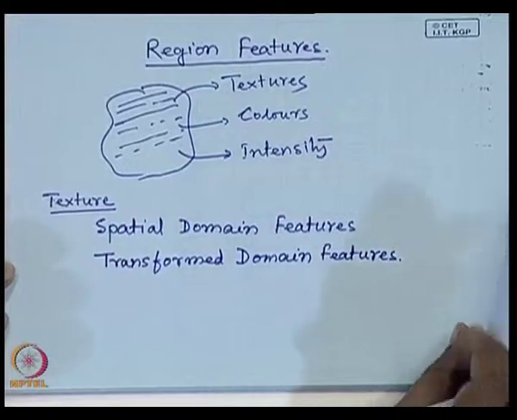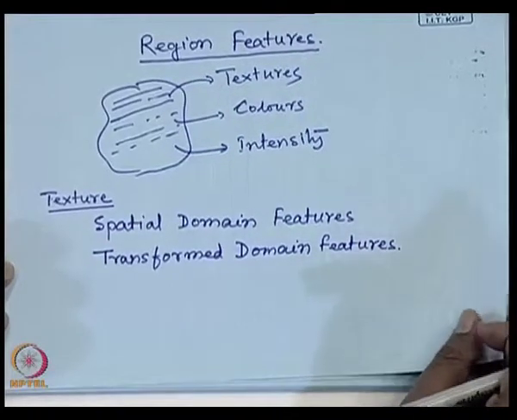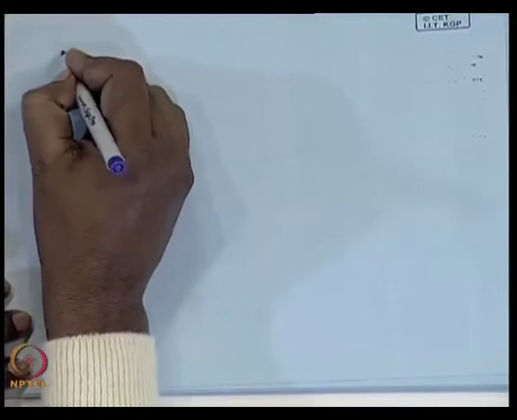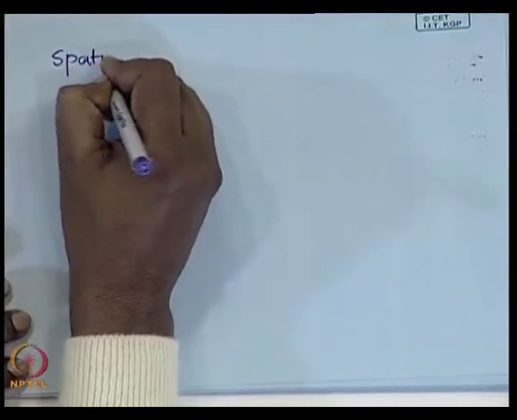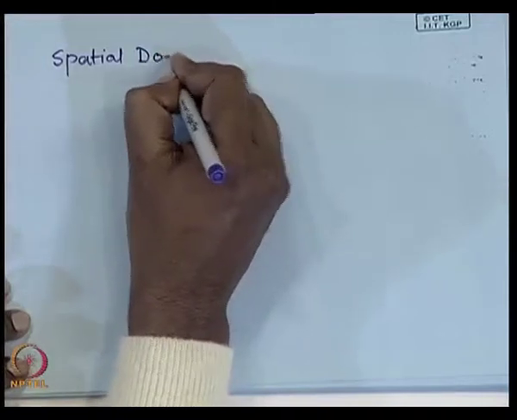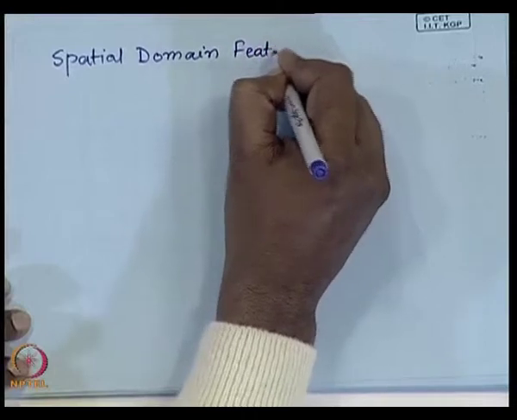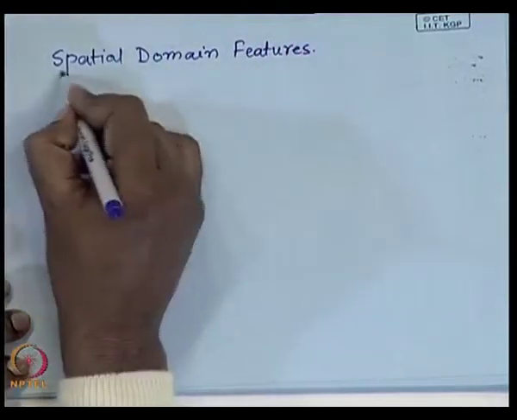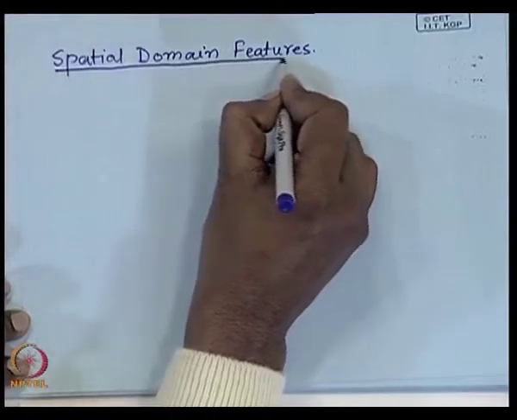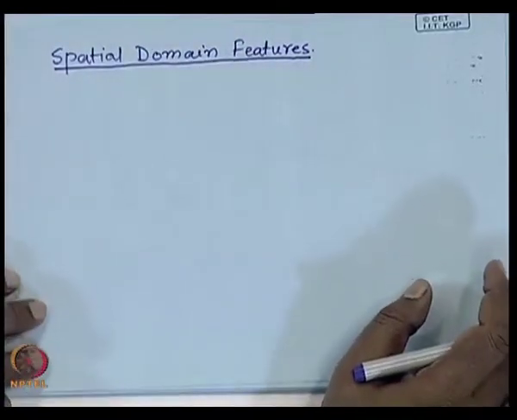Let us first see what kind of spatial domain features we can obtain from a texture. When we talk about spatial domain features, particularly in case of texture, the features are obtained from a matrix which is called the co-occurrence matrix.